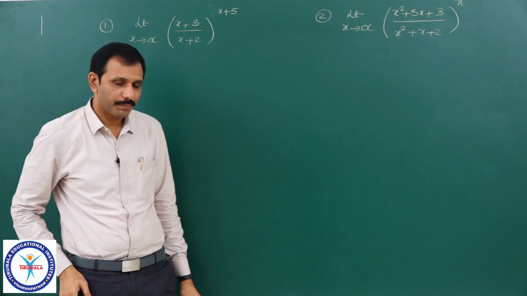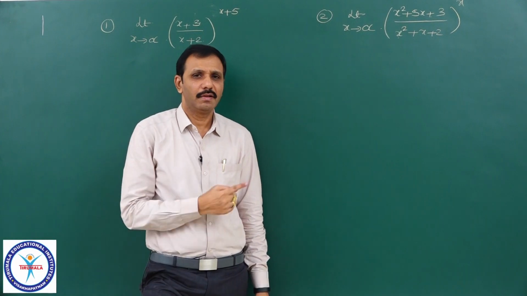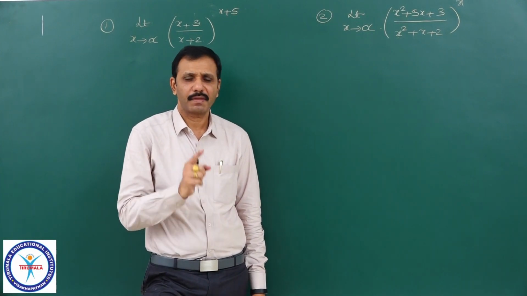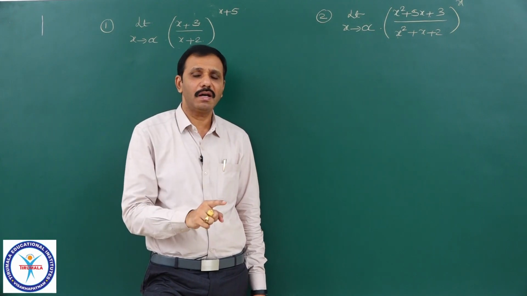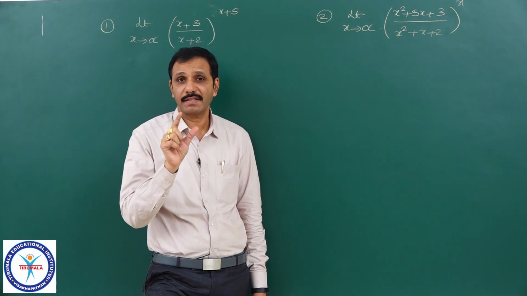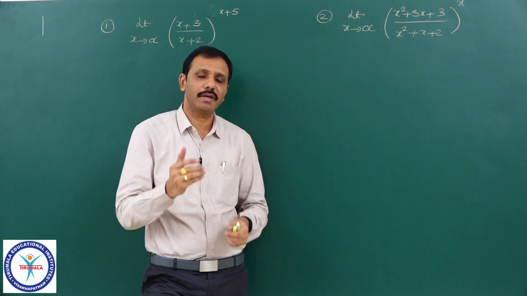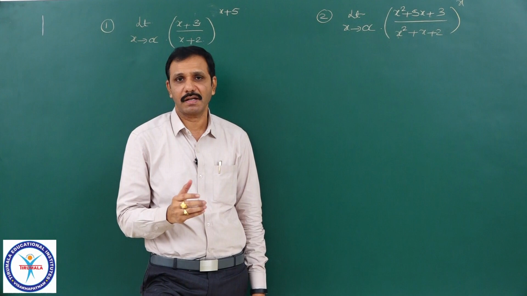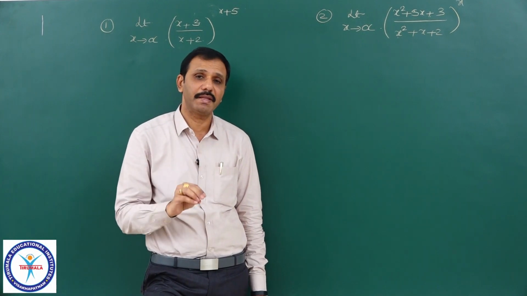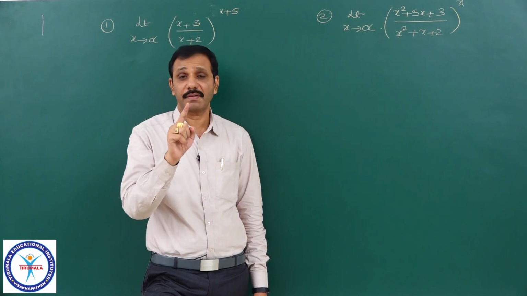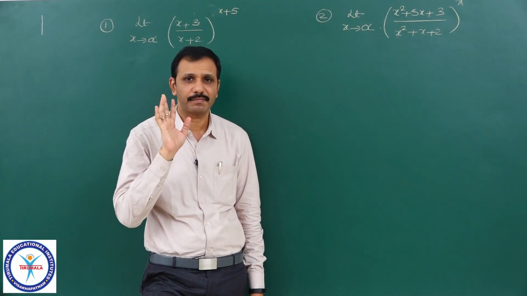Next model problems. See that we have done many problems, almost all are of the form f of x by g of x. Of course, trigonometric functions are involved and algebraic functions are involved. Of course, logarithmic or exponential may be there. Most of the problems are of the form 0 by 0.